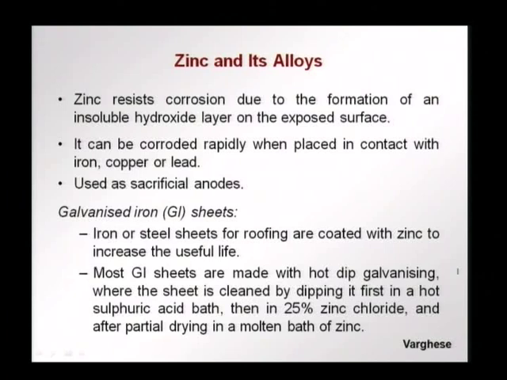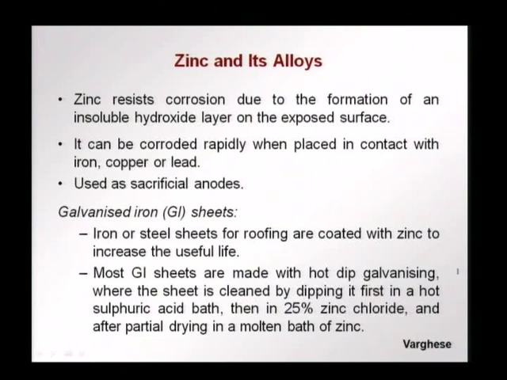Most GI sheets are made with hot dip galvanizing, that is, the sheet is cleaned by dipping it first in a hot sulfuric acid bath and then dipped in 25% zinc chloride, and after partial drying in a molten bath of zinc. So, there is a coating of zinc given, and this coating, as I said, has two purposes.